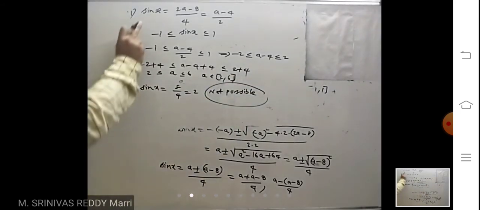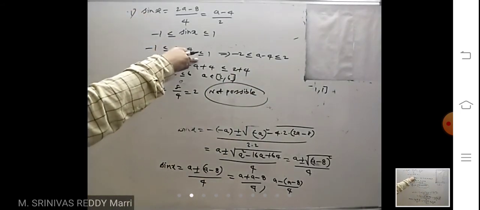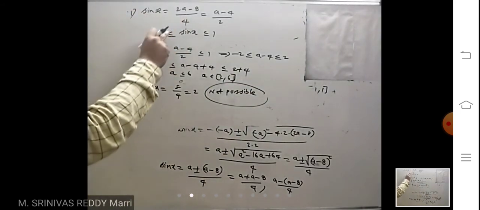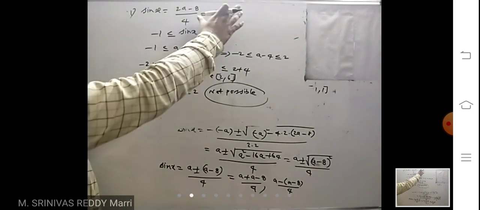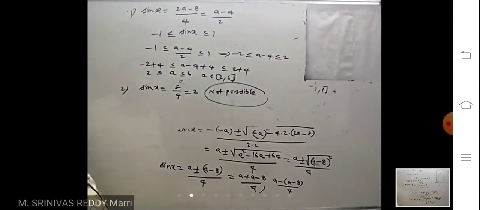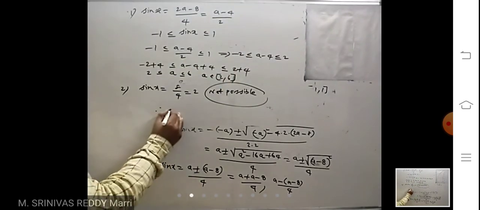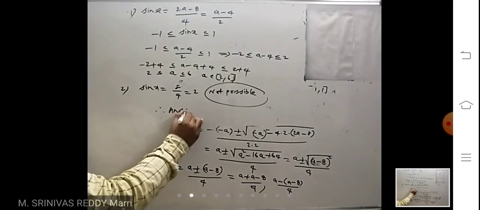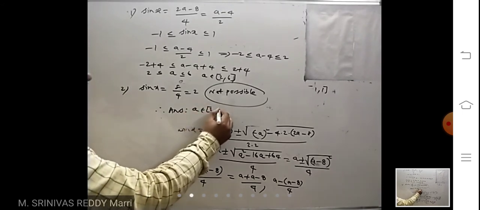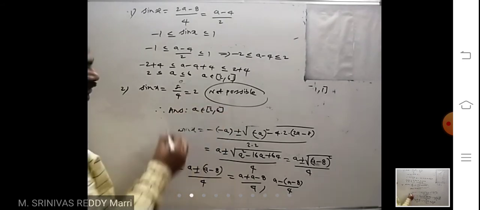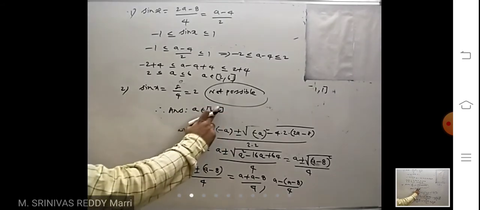That's why if you get a solution here, only then you will get a solution. That means this value must definitely lie between minus 1 and 1, such that in this case you will get a solution. So the answer is: a belongs to 2 comma 6.